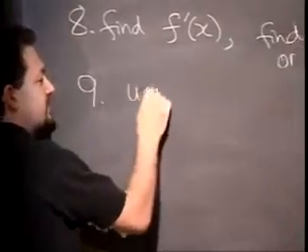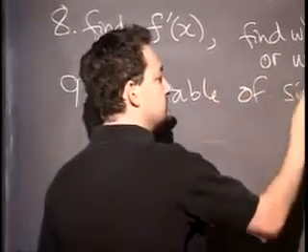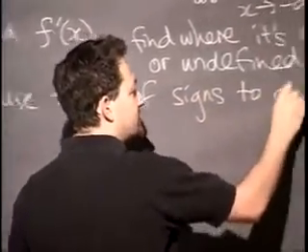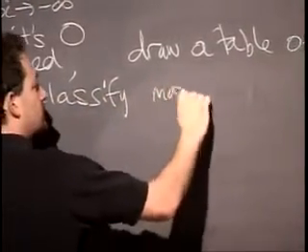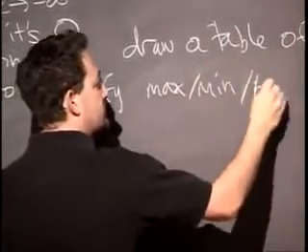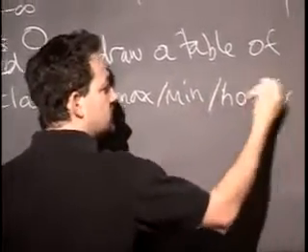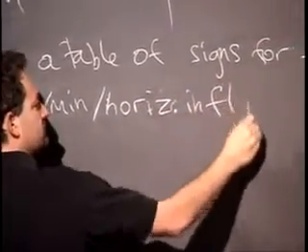Use the table of signs, as we've done, to classify maxima and minima and horizontal inflection points.